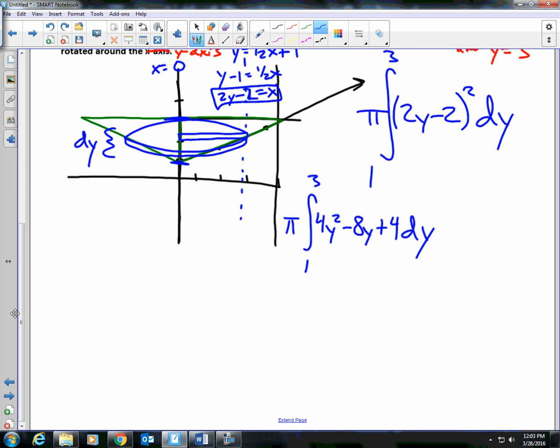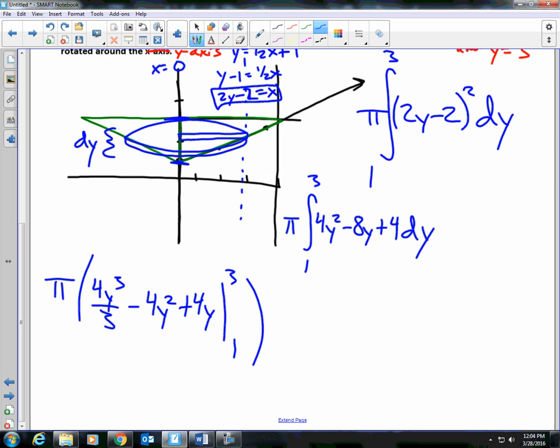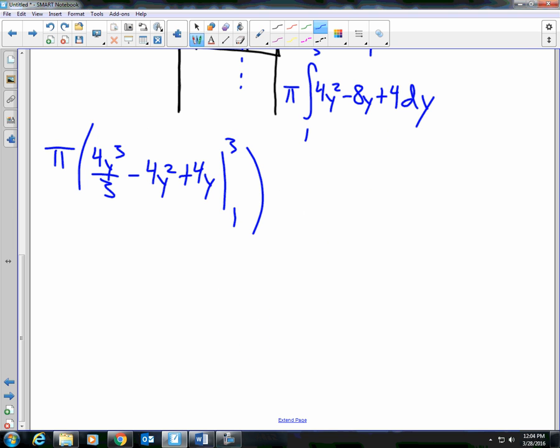Take the antiderivative. 4y to the third over 3 minus 8y squared over 2, or 4y squared, plus 4y. Because I'm going from 1 to 3, I'm going to have to subtract. Actually works out quite well.